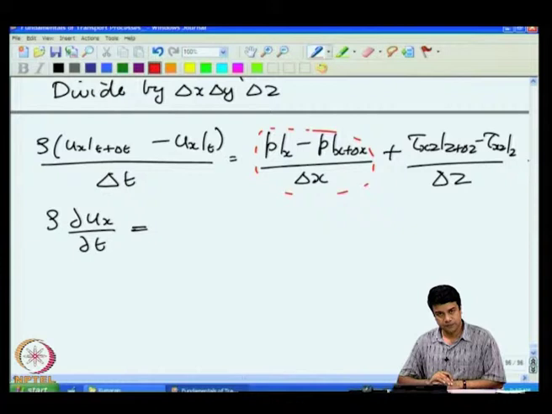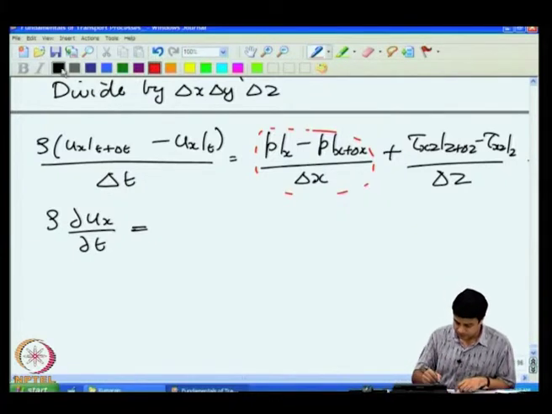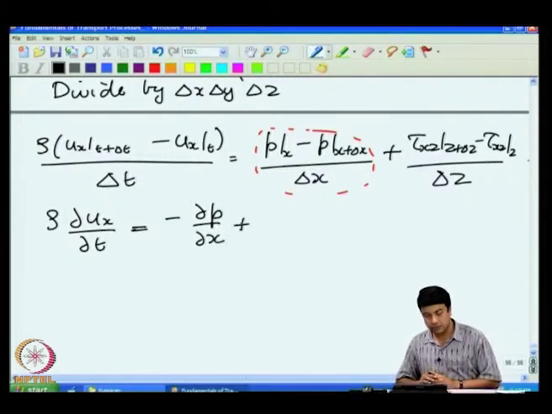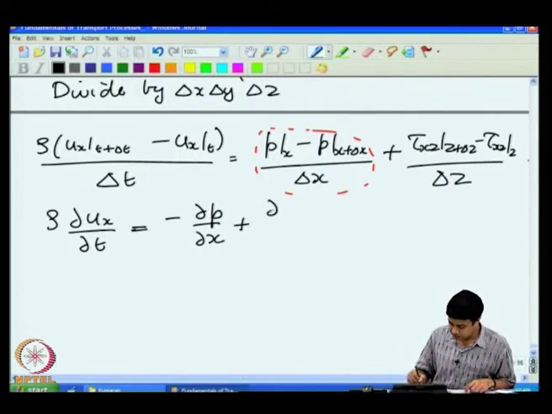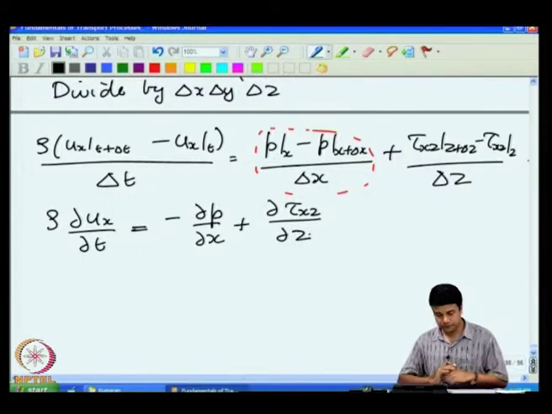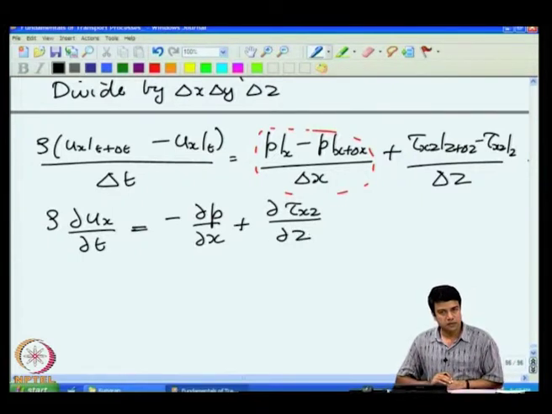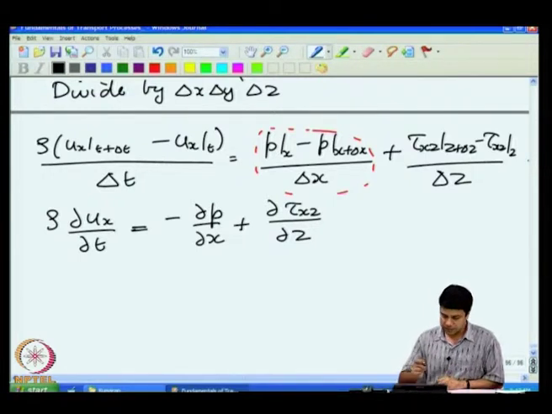So, this is equal to minus dp by dx, and the last term is tau x z at z plus delta z minus tau x z at z, which is partial tau x z by partial z. So, that is my momentum balance equation: rho times dux by dt is equal to minus dp by dx.